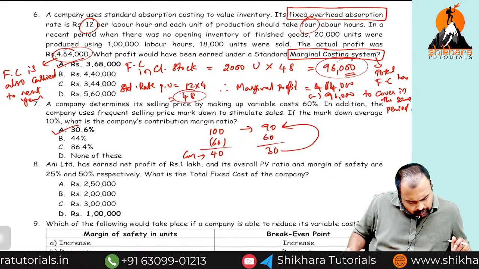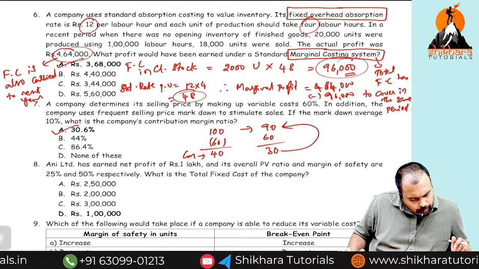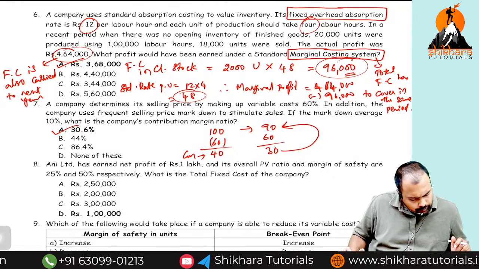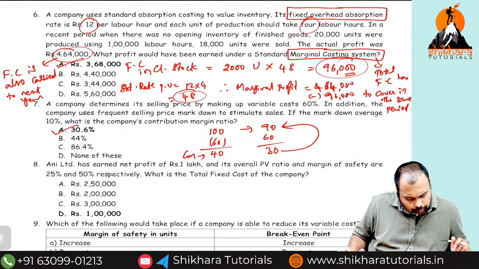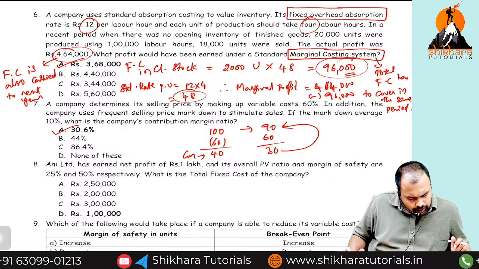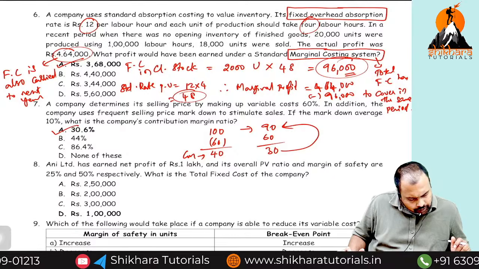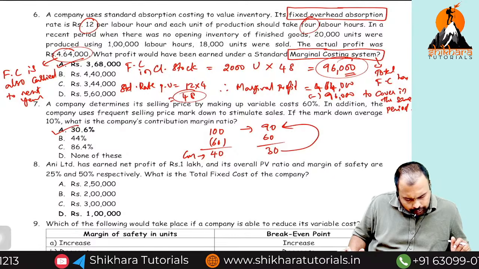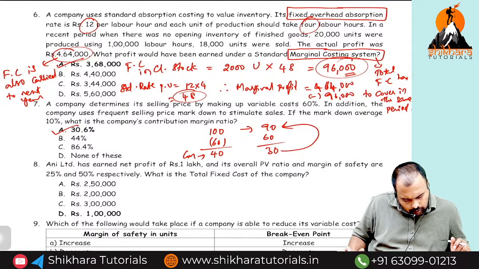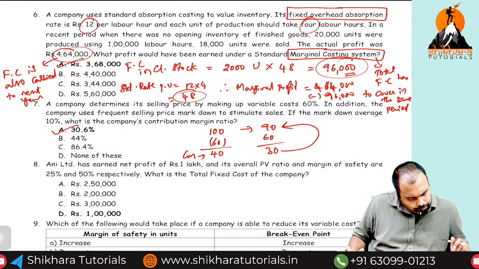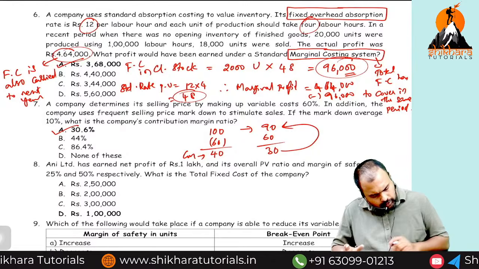The company determines its selling price by marking up variable cost 60%. In addition, the company uses frequent selling price markdown to stimulate sales. If the markdown average is 10%, what is the company's contribution margin ratio?